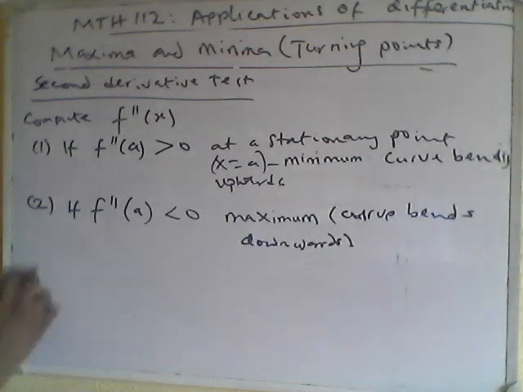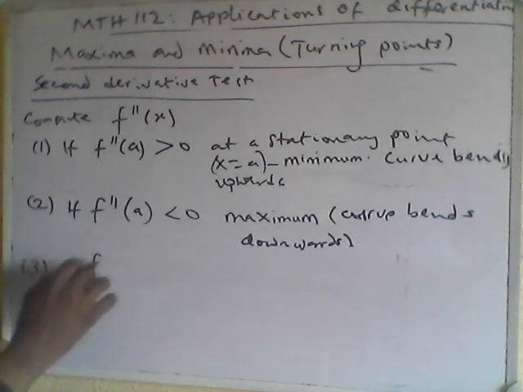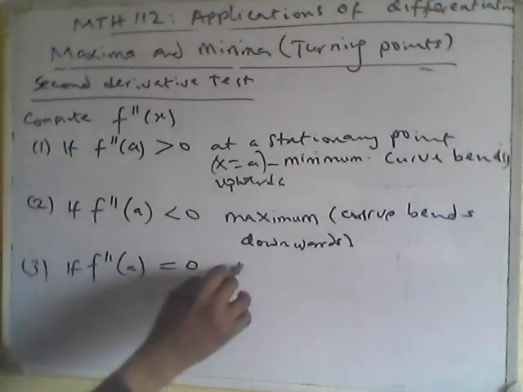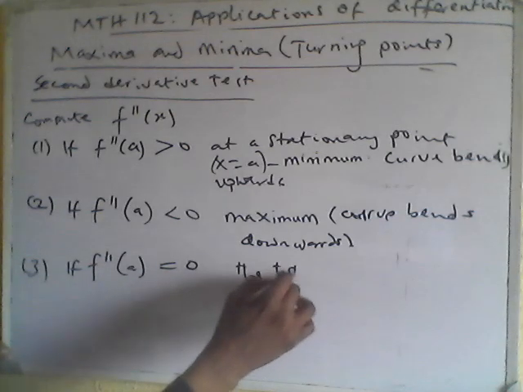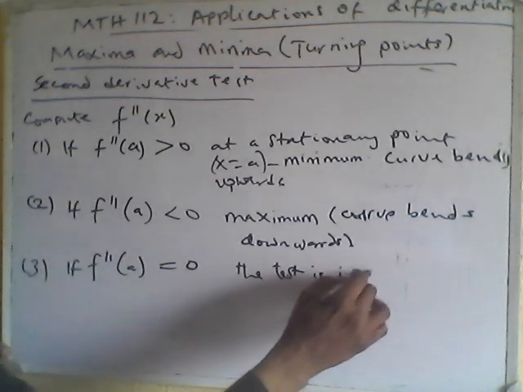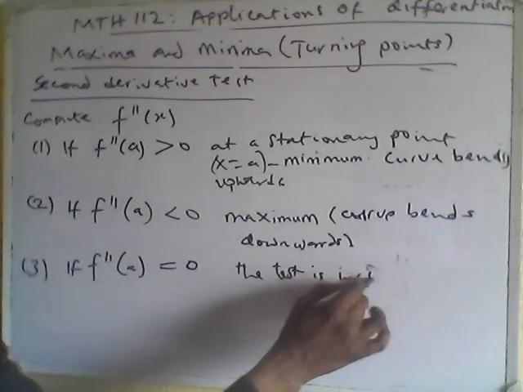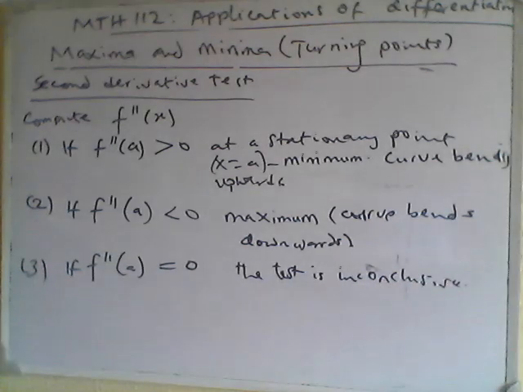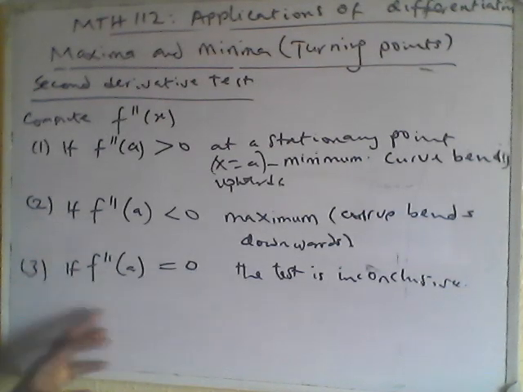The third test is if f prime prime of a is equal to 0, then the test is inconclusive. Inconclusive. Okay. So note these three things. You can have a situation where you have this.